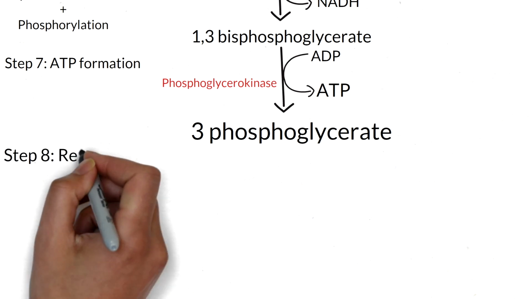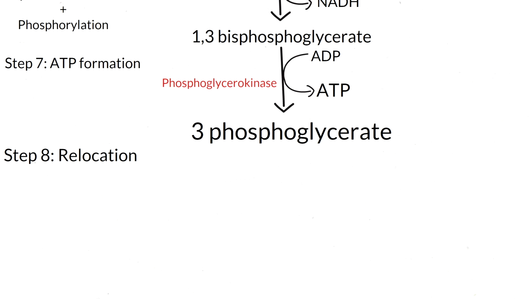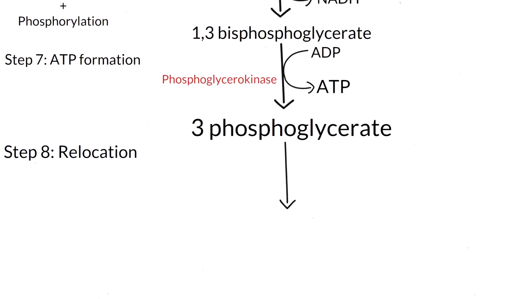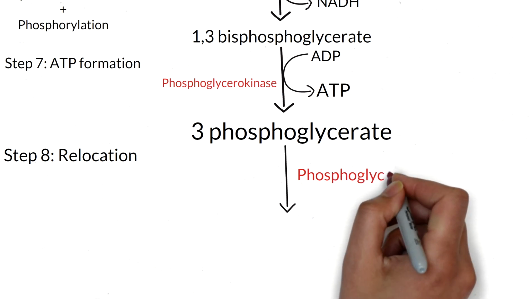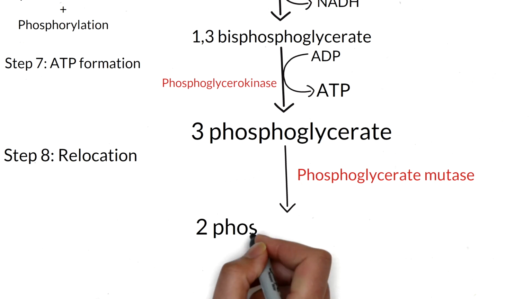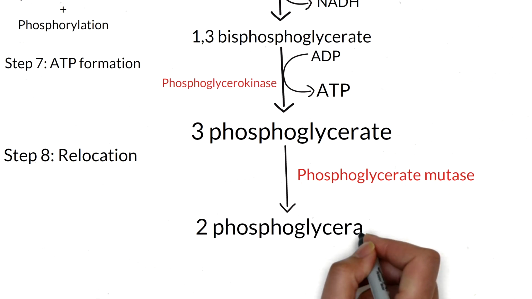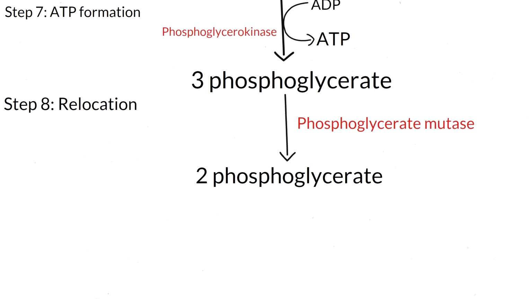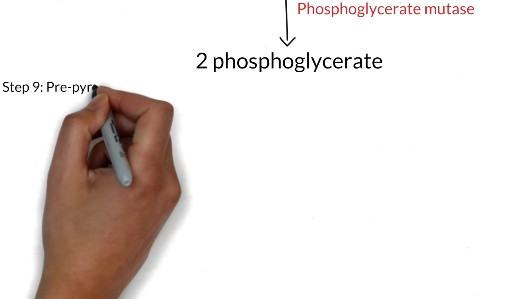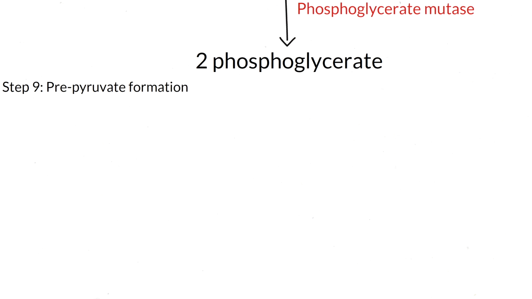In the next step, the phosphate gets relocated to a different position within the molecule. In fact, phosphoglyceromutase, which is different from isomerase, moves the phosphate group from carbon 3 to carbon 2. This forms 2-phosphoglycerate. The next step settles the foundation for pyruvate formation.